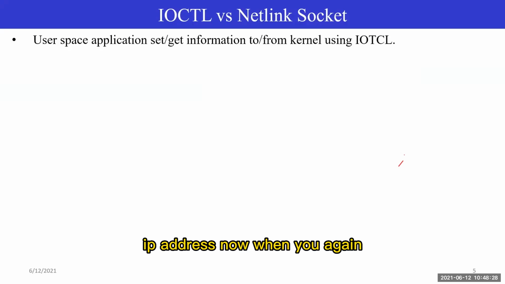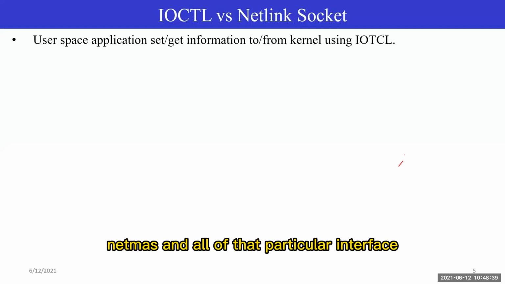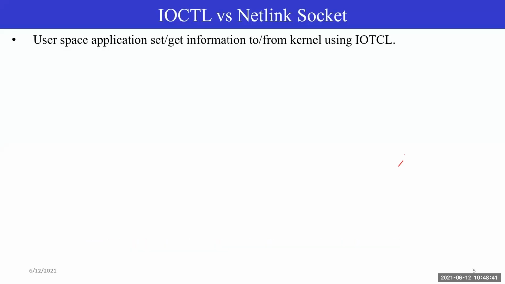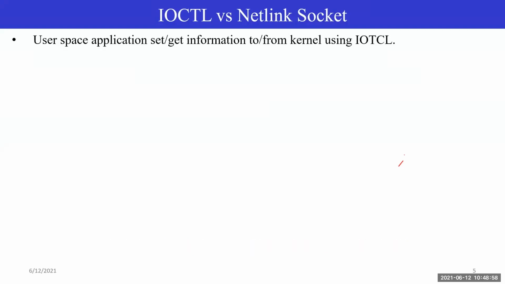Now, when you again run only ifconfig if0, it is supposed to return all the information, along with the IP address, netmask, and all of that, for that particular interface. For that also, the ifconfig implementation internally calls another IOCTL, and these two IOCTLs have two different unique IOCTL numbers.